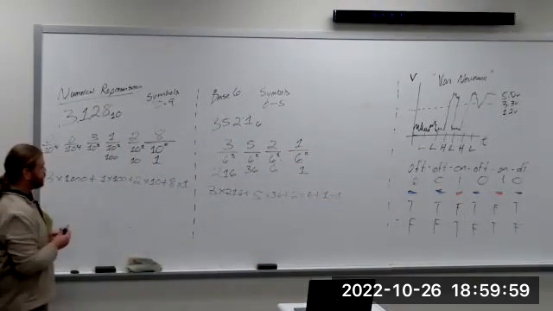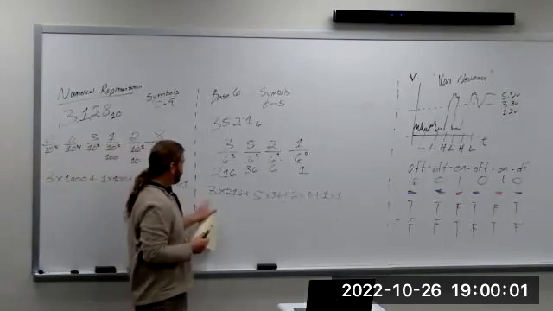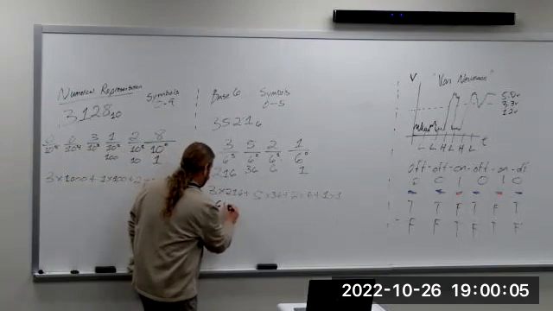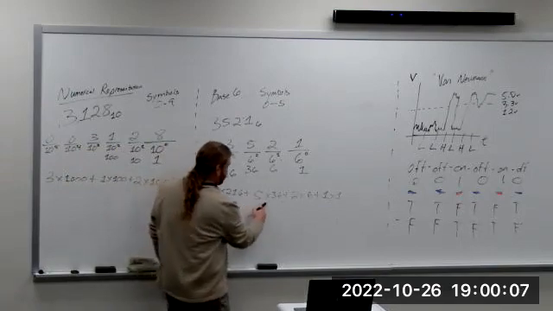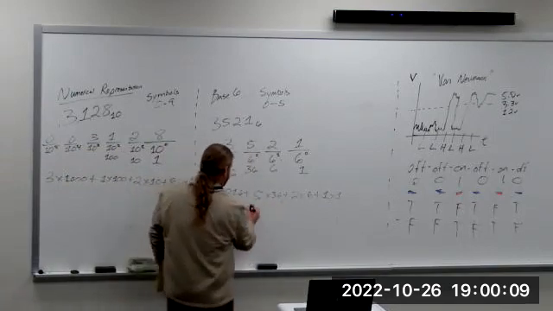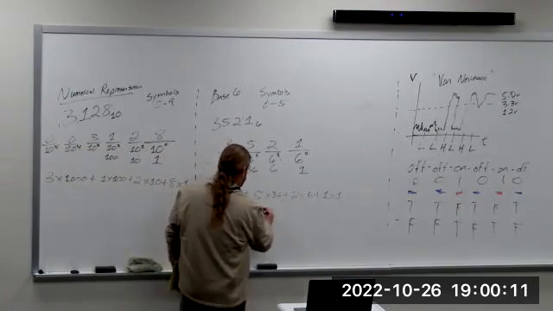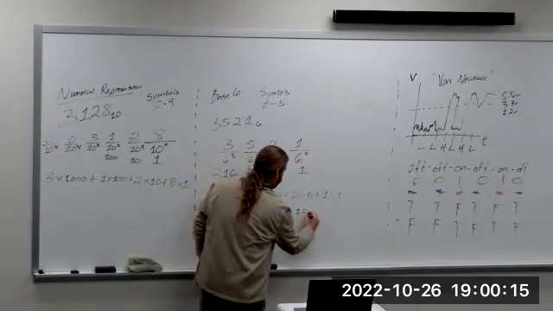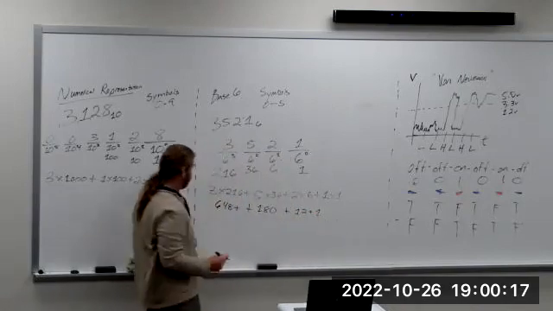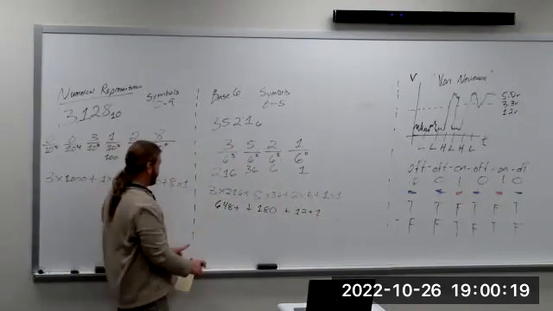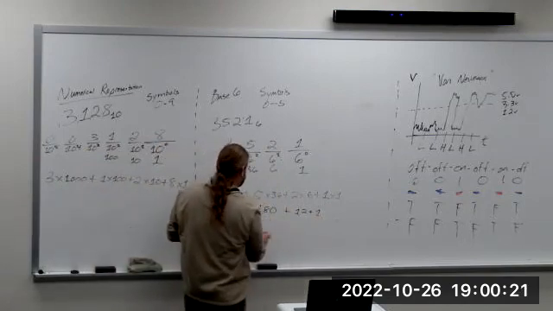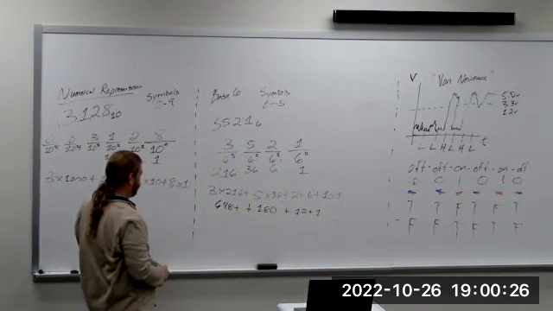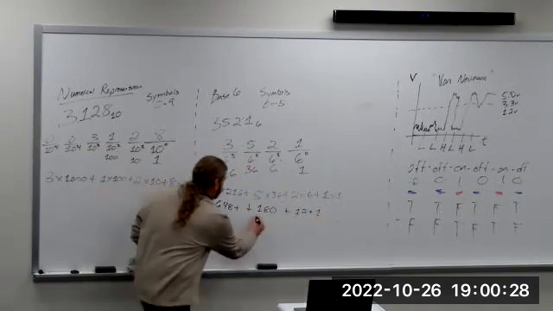So when we add those up, what is that? 648 plus 150 plus 30, 180, plus 12 plus 1, 660. 841.